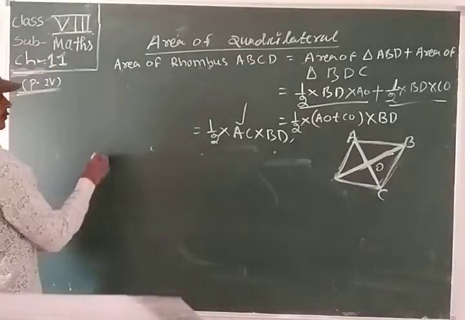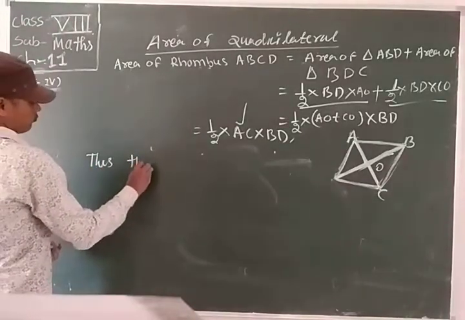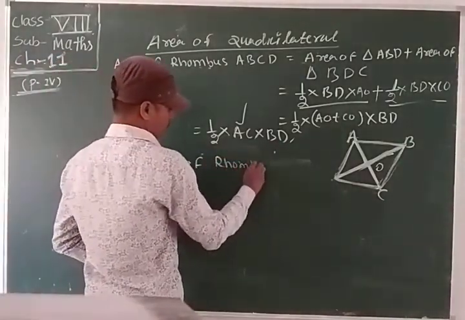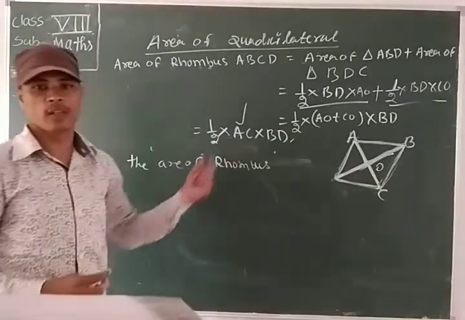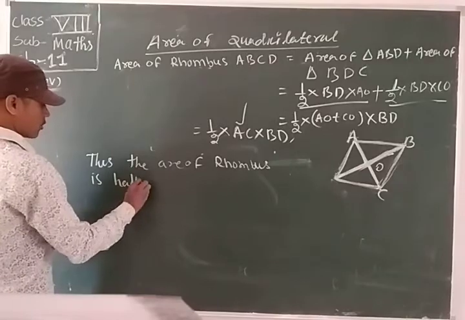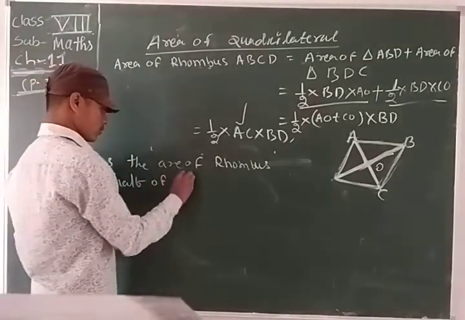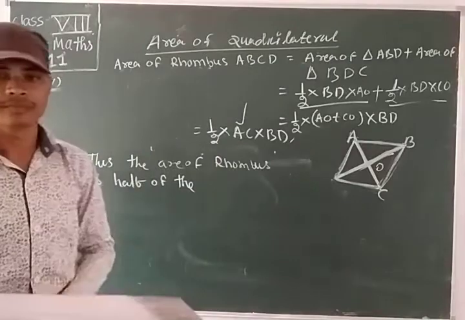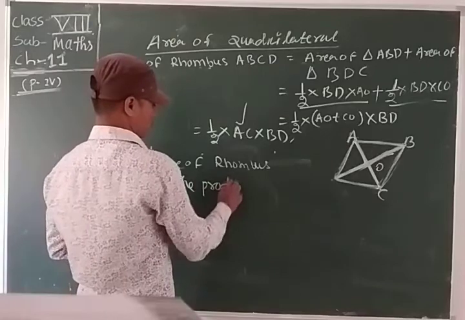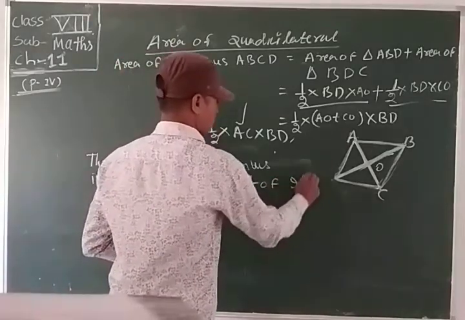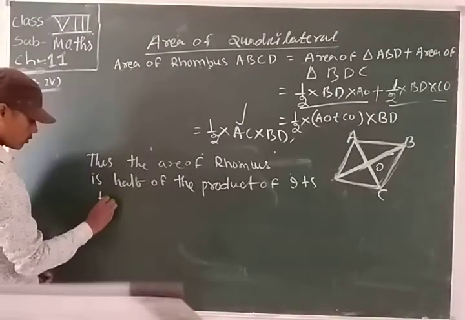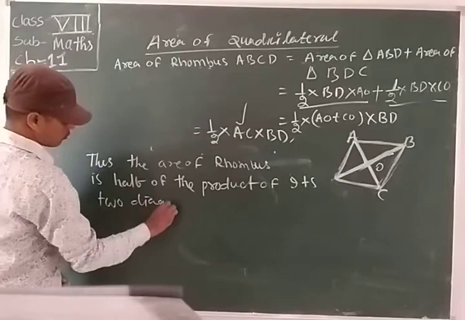Thus the area of a rhombus is half of the product of its two diagonals.